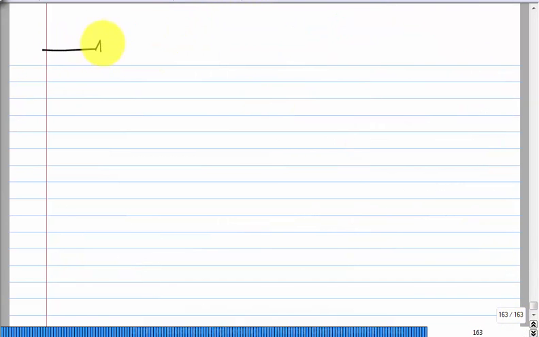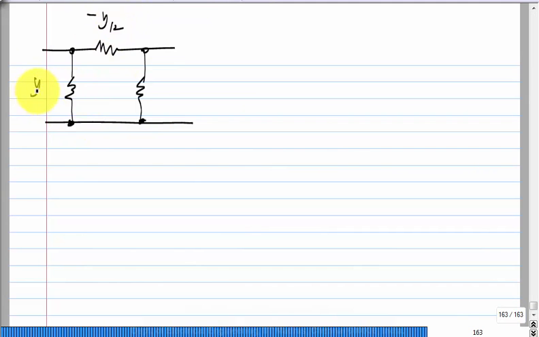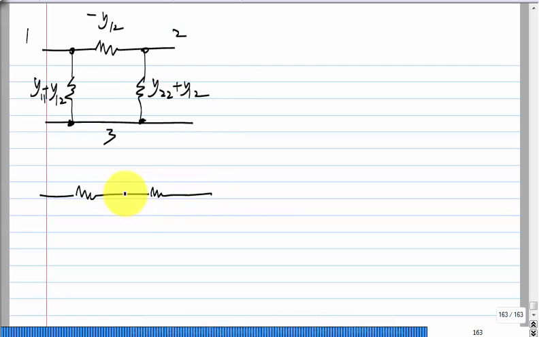Like I said earlier, this pi network is equivalent to this T network.